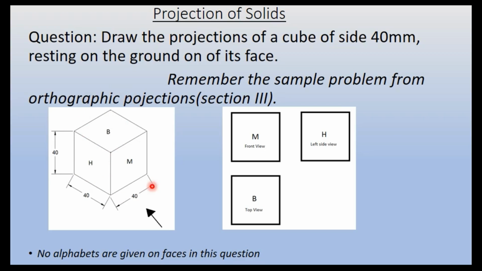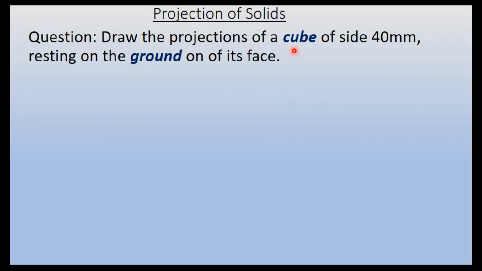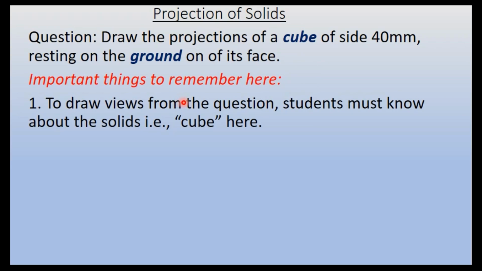So this is a cube box. This diagram is not given in the question, but we have to imagine the question in this form. Then we have to complete the views, front view, top view and the left hand side view. So the important things, once again I am telling you, are the words cube and ground.